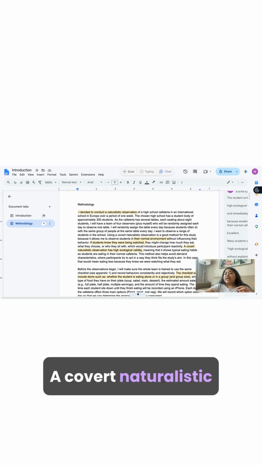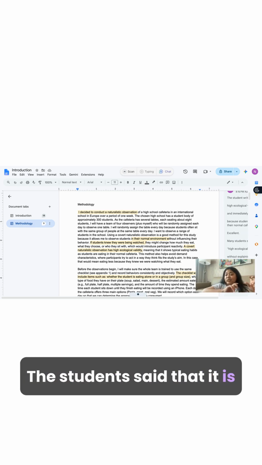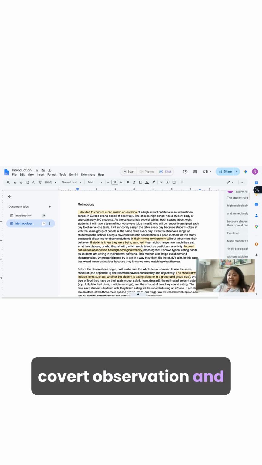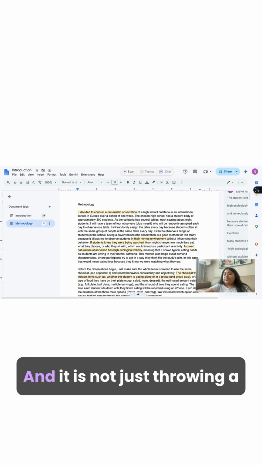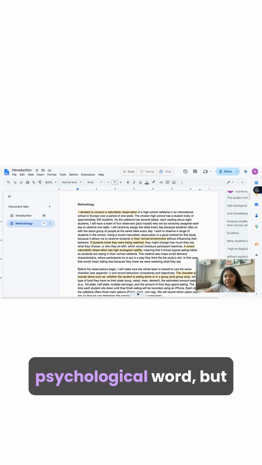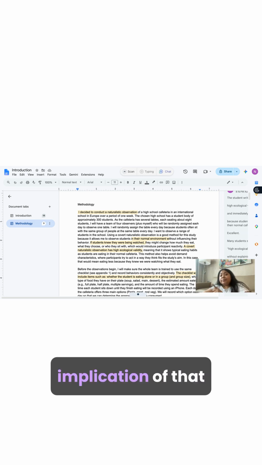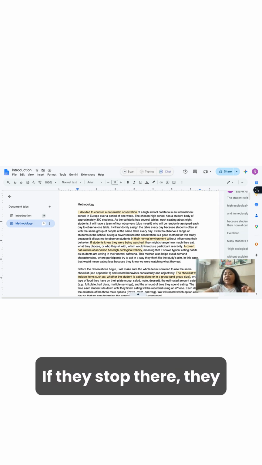A covert naturalistic observation has high ecological validity. The student said that it is a covert observation, and in the same place said it has high ecological validity. It is not just throwing in a psychological word, but rather showing the implication of that topic. If they stopped there, they would have lost marks.